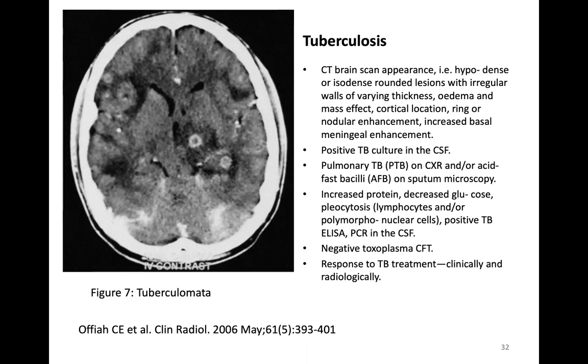And I'm happy that Dr. Tebe did mention that TB has got so many phases. It can present as a solitary lesion. It can present as multiple lesions. It can present as an abscess. And in our setting, it's probably one of the most likely conditions to treat.